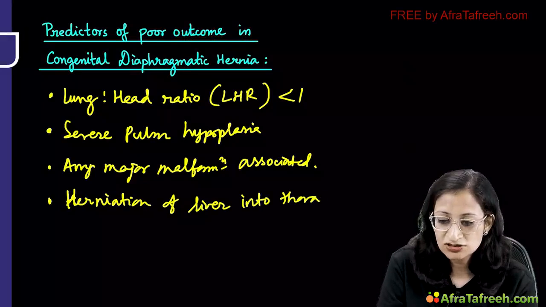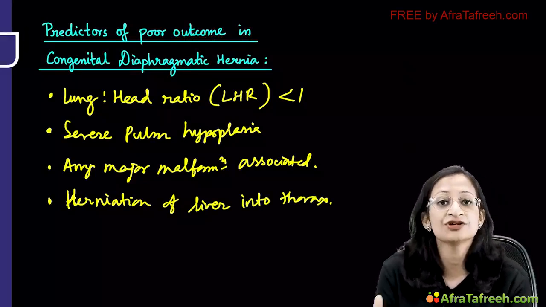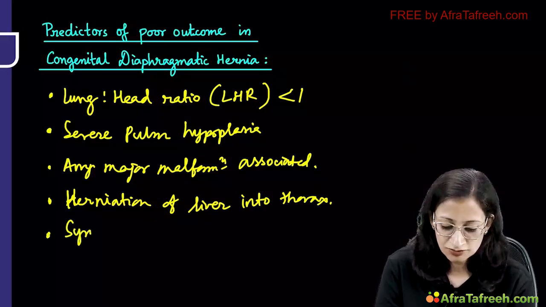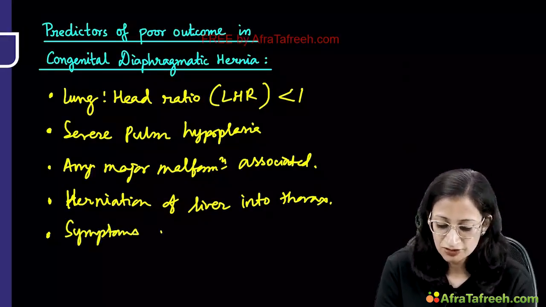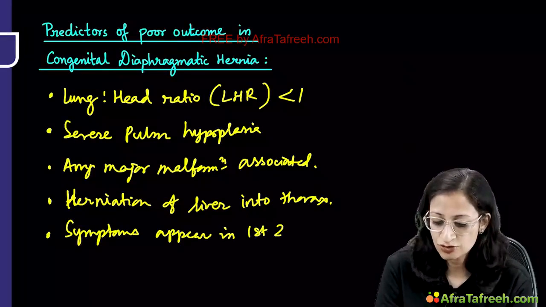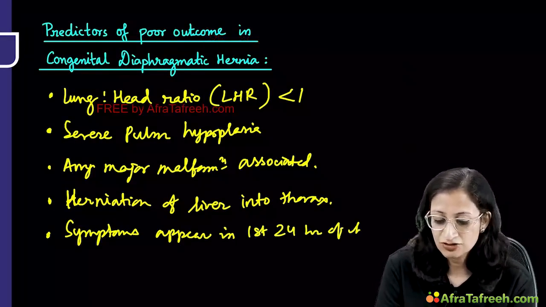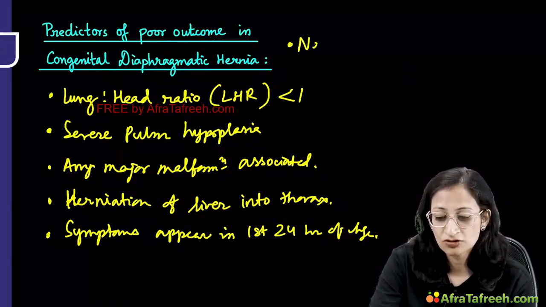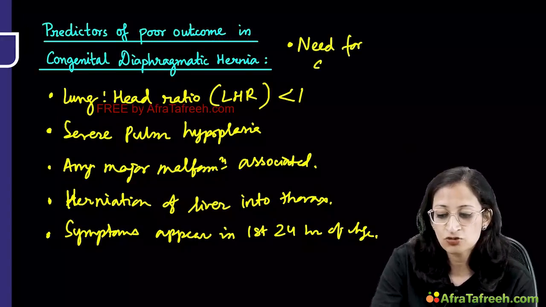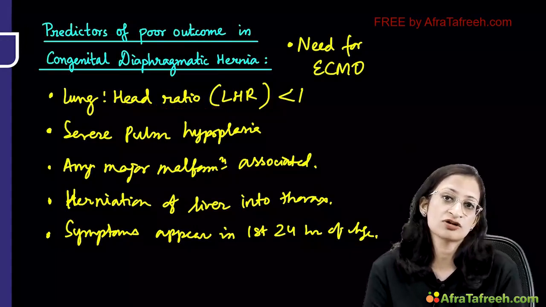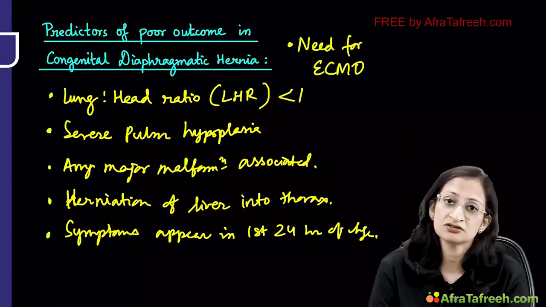If the baby is so sick that symptoms appear in the first 24 hours of life, again poor prognosis. And if the baby's respiratory distress is so severe that there is a need for ECMO, or extracorporeal membrane oxygenation, then that is also a predictor of poor outcome in a baby with congenital diaphragmatic hernia.